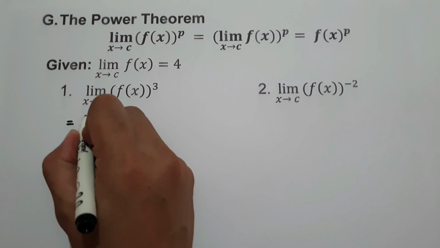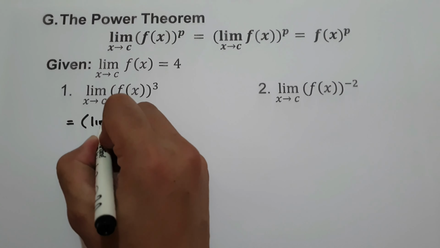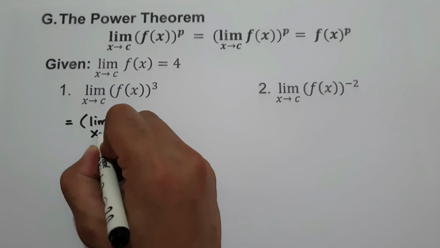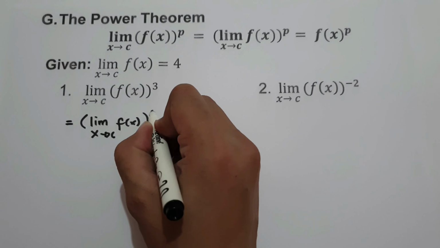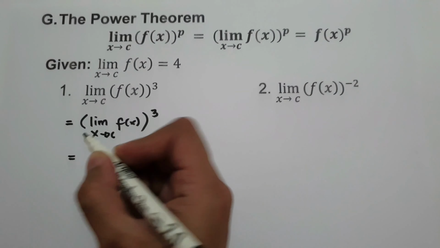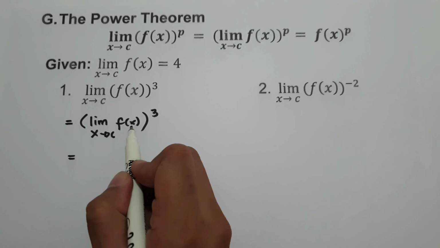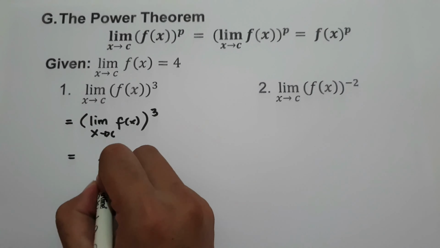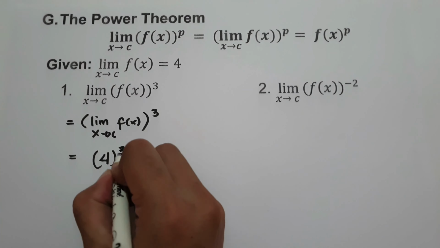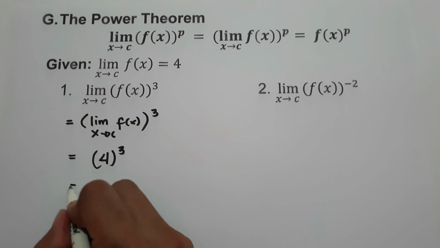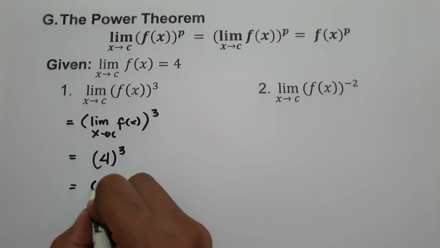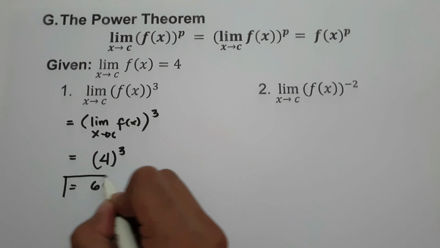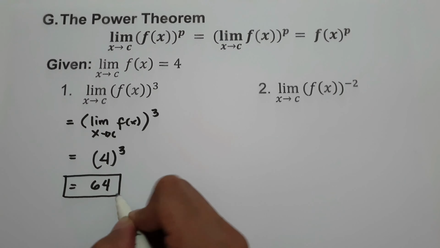We are going to have the quantity of the limit of f of x as x approaches c raised to 3. The value of the limit is 4, so we have 4 raised to 3. And 4 raised to 3 is 64. You are going to multiply 4 three times to itself. That is 64, and this will be our answer.